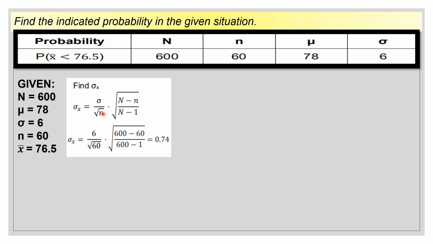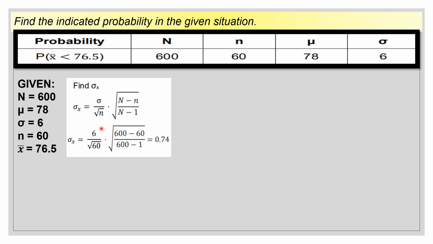But then again, our given is finite population. Paano natin nasabi na finite population siya? Kasi given po yung number of population natin. So, lagi niyong tatandaan, kapag given yung number of population natin, we will use this formula na minultiply natin siya sa finite population correction factor.